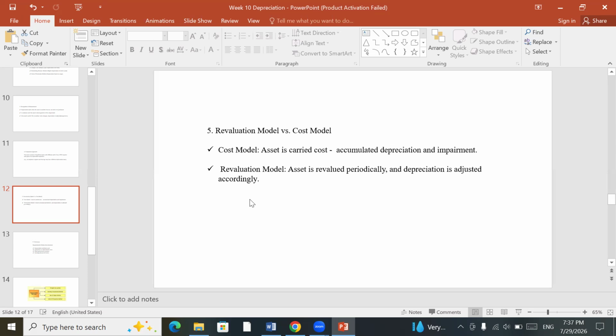In this model, you check the market value of your asset, and you may increase or decrease the price of your asset. This system is called the revaluation method. It is another kind of depreciation method.